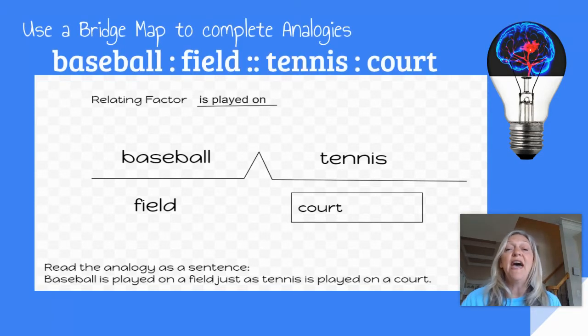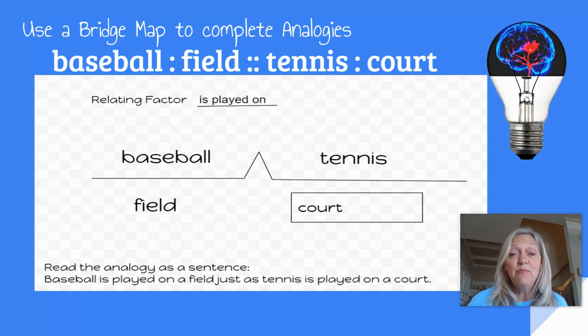Let's look at that same analogy now in the form of a bridge map. Now, just like any thinking map that you've used in class or maybe an anchor chart, the purpose of a bridge map is to help you organize your thinking even better. So when you create a bridge map, you draw a line, you have a little peak, which represents "just as," and then another line.